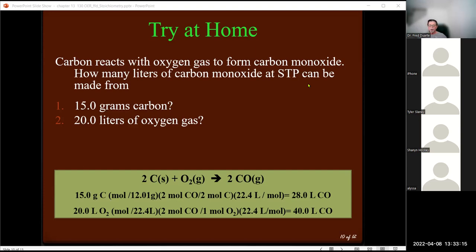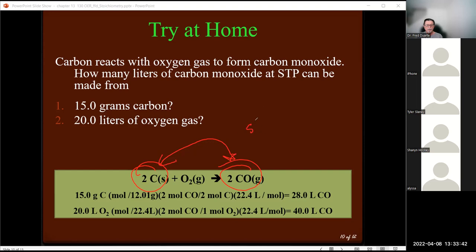The reaction's written there: carbon plus oxygen gives us carbon monoxide. Now the question is how many liters of carbon monoxide at STP can be made from 15 grams of carbon for the first one? So they're asking you about the relationship of carbon with carbon monoxide.